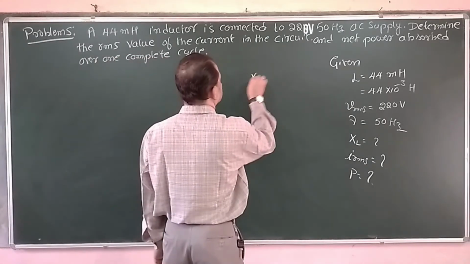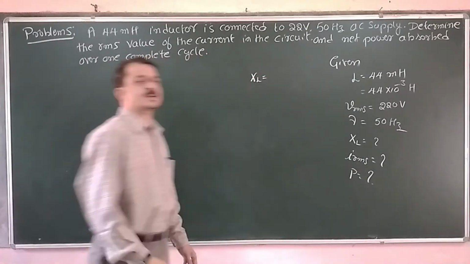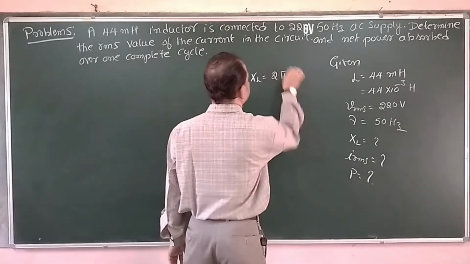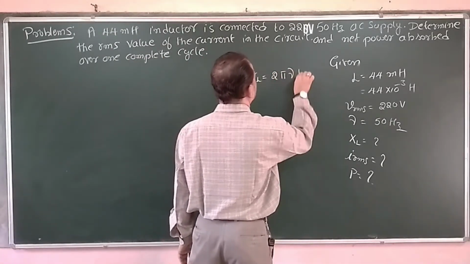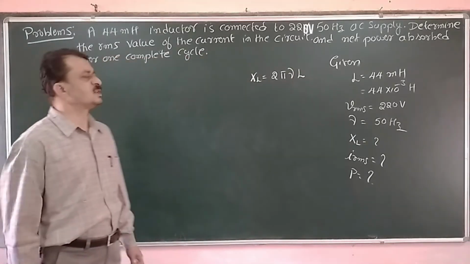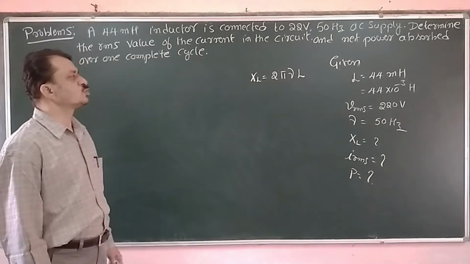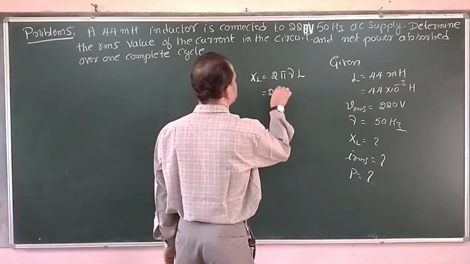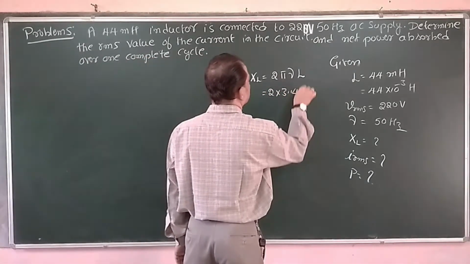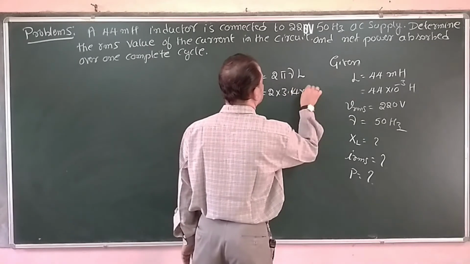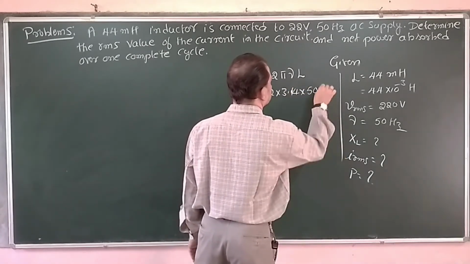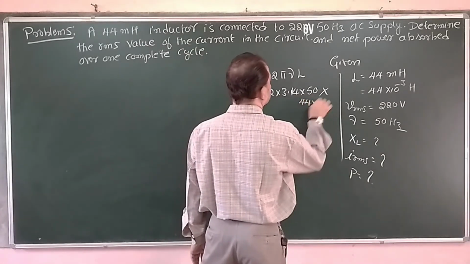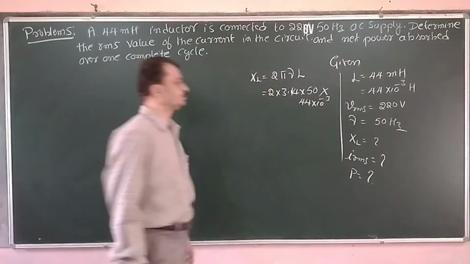Now first, the inductive reactance XL is given by the formula 2 pi nu into L. XL is equal to omega into L. Omega is 2 pi nu, therefore 2 pi nu into L, that is equal to 2 into 3.14 into 50 into 44 into 10 raised to minus 3.